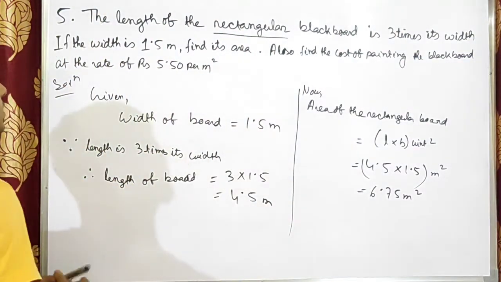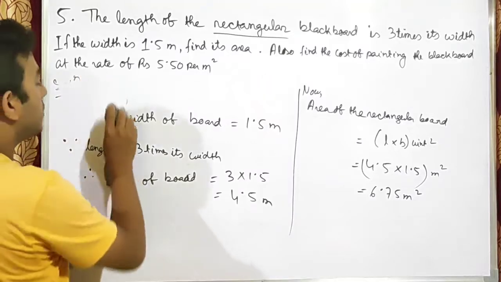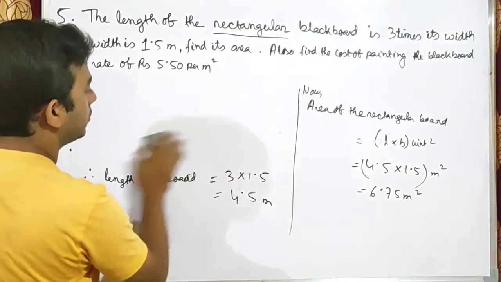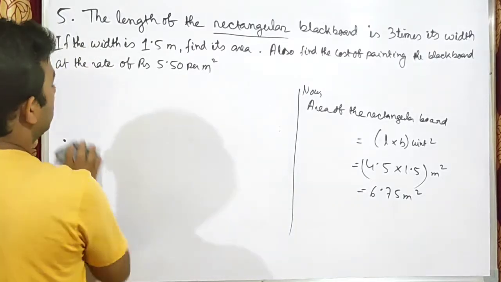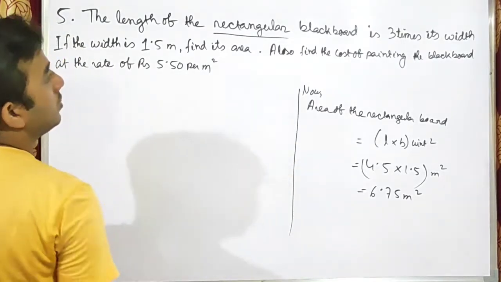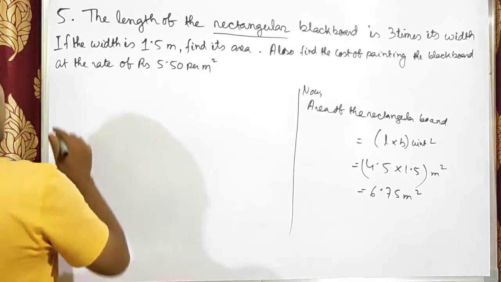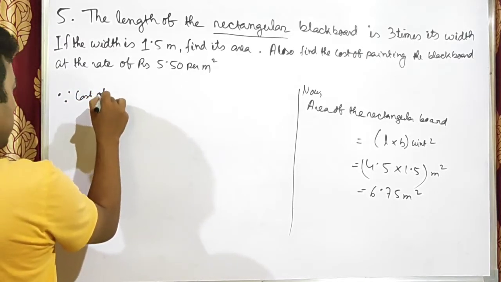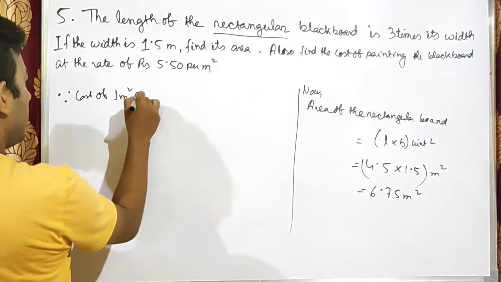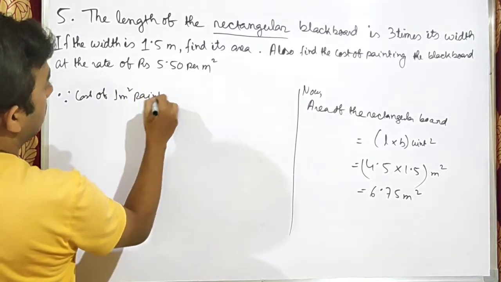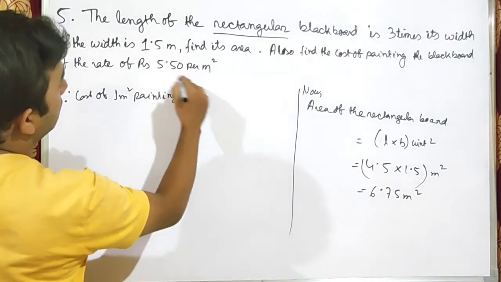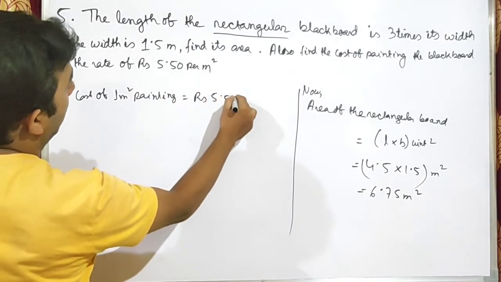Since the cost of painting 1 meter square equals rupees how much? 5.50, right?